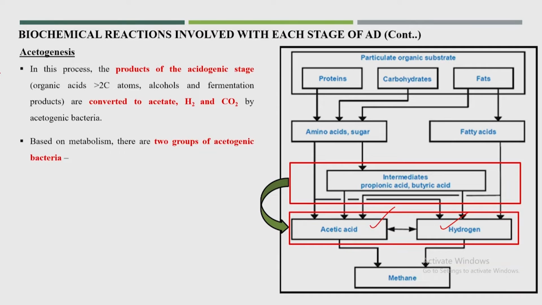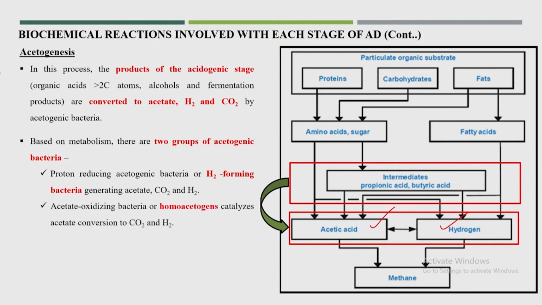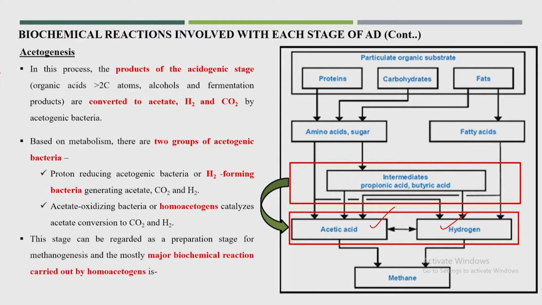So, based on metabolism, there are two groups of acetogenic bacteria. The first is proton reducing acetogenic bacteria, or H2 forming bacteria, generating acetate, CO2 and H2, and next is acetate oxidizing bacteria, or homoacetogens, which catalyze acetate conversion to CO2 and H2.